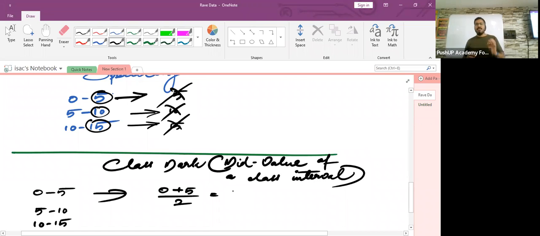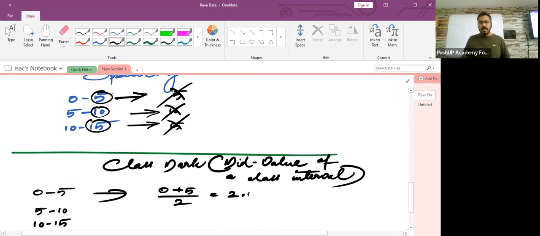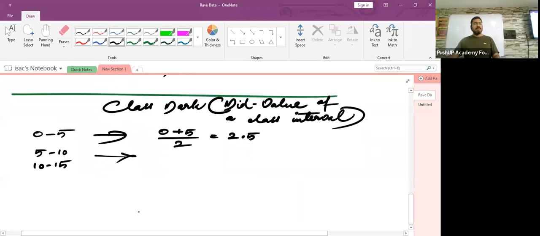I repeat, just take the average of the lower limit and the upper limit. So the lower limit is 0, the upper limit is 5, and the average of 0 and 5 will be (0 + 5) divided by 2, which is equal to 2.5. Note it down. I hope I'm clear, children. (0 + 5) divided by 2, which is equal to 2.5.